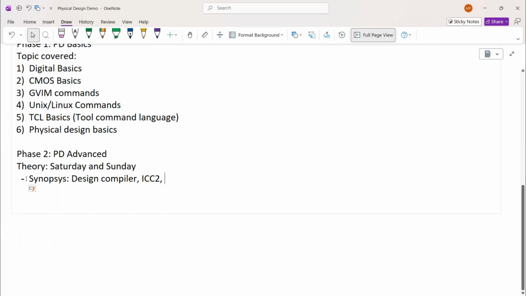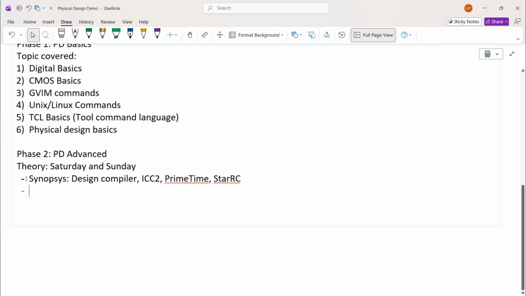And we are using PrimeTime for timing, STA, right? With PrimeTime, we are also using StarRC for RC extraction. We'll get to know along the course what StarRC is. So these are the tools that we are working on.